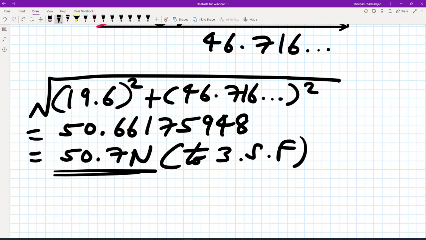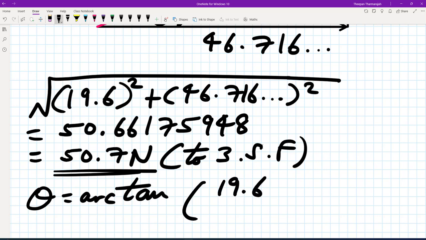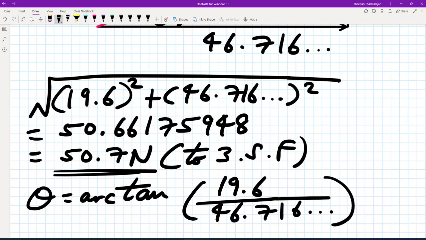And to find theta, we're just going to use tan theta, so the arctan of 19.6 over 46.716 and so on. So elongate that, and then we're going to get the true value on our calculator.